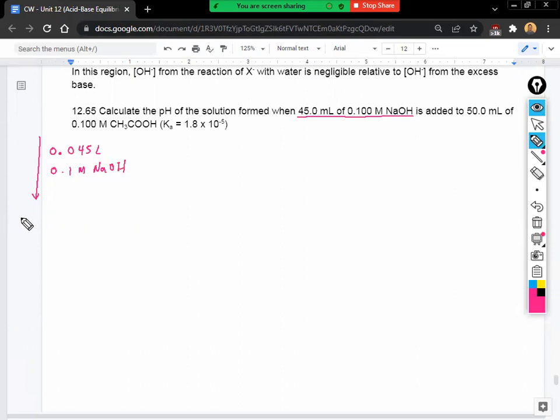Your base is added to your acid, and you're adding it to 0.05 liters of 0.1 molarity acetic acid. If you notice, we are adding a strong base into a weak acid. And then we have the Ka, and we're trying to find the pH of this solution.